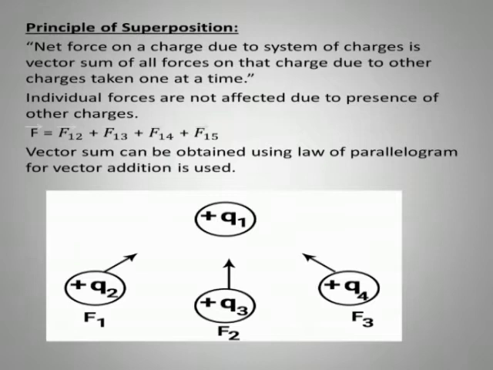And as I told you, these charges exert force on another charge. So what is it doing? The charges exert force on another charge, any of the charges. This may exert force on this, or this may exert force on this.